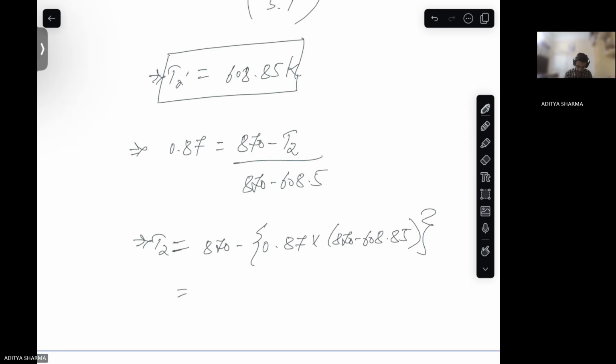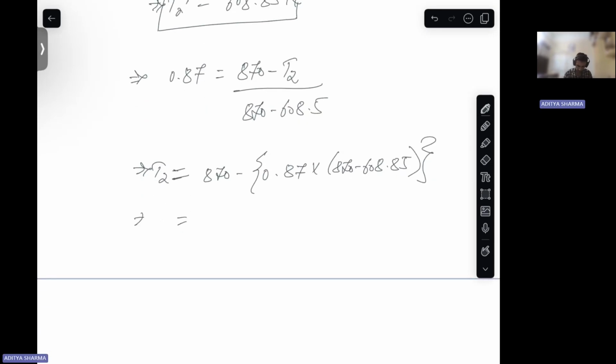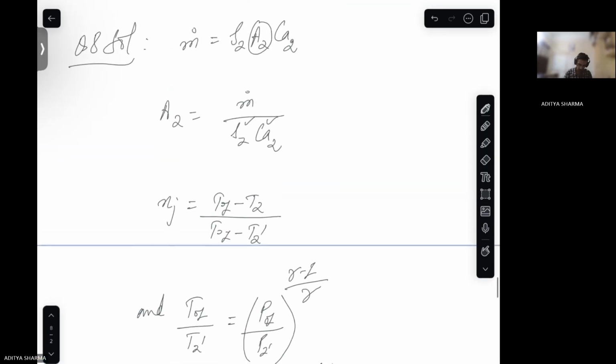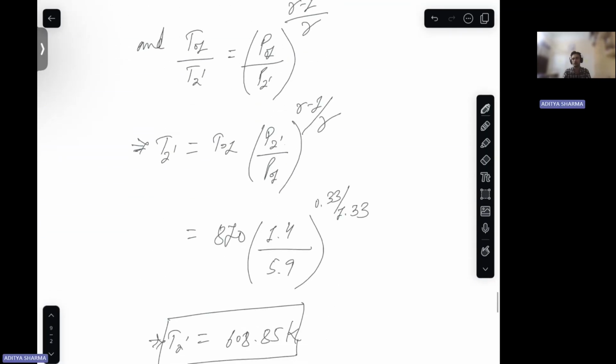If you calculate this, this will come out to be 642.75 Kelvin. So this is your T2. Now, why have we calculated T2? Because this will be used in your rho2 calculation. Just save your T2 for later use.